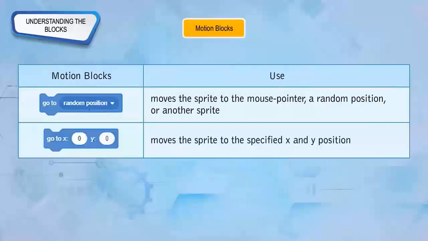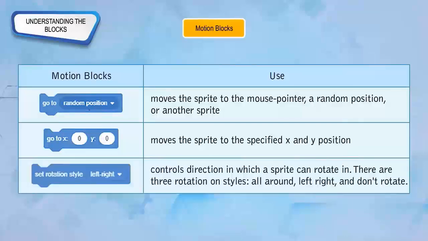Go to X, 0, Y, 0. Moves the sprite to the specified X and Y position. Set rotation style, left, right. Controls the direction in which a sprite can rotate.